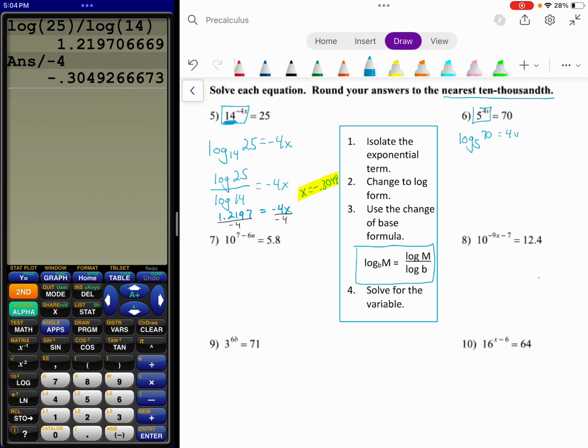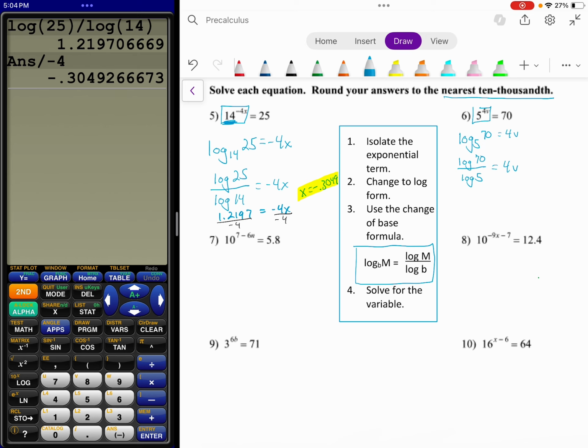Change to log form. Now we're going to use the change of base formula. We don't have log base 5 in our calculator, so we are going to write this as log of 70 over the log of 5 equals 4v.